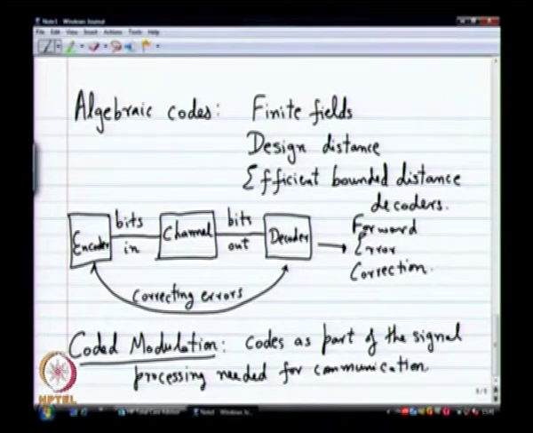Instead of thinking of it as some box that sits outside of my entire digital communication device and fixes errors that I occasionally make, can I move it inside the modulation part of my design, so as to give better performance? Of course, there has to be a benefit. If there is no benefit by doing coded modulation, nobody would do it.